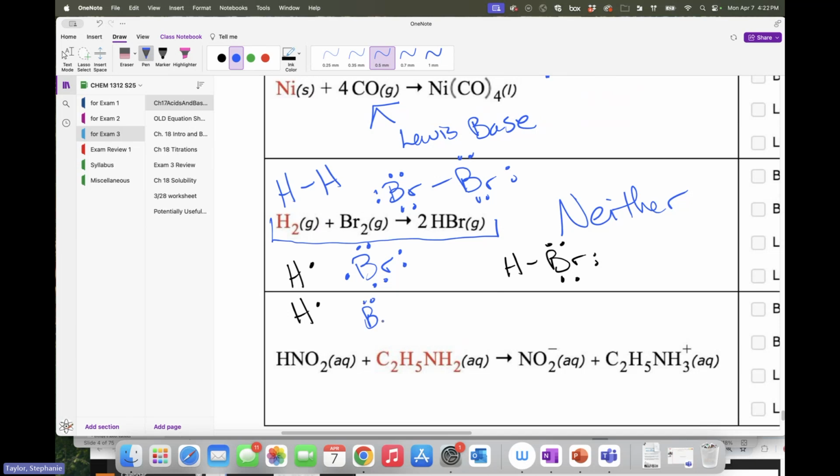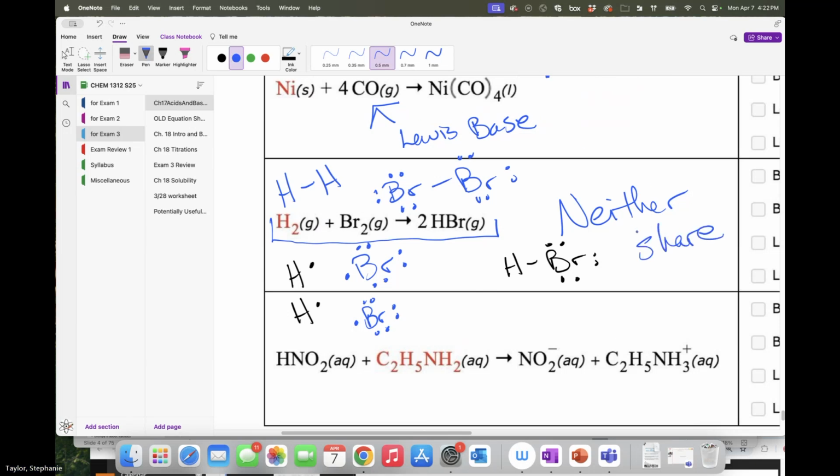And essentially what's happening here is each of my atoms brings 1 electron to the party, and they just share. So my hydrogen brings 1, my bromine brings 1, and they're like, hello, we are going to form a covalent bond. Yay! I bring 1 electron, and you bring 1 electron. And there's no donation going on. They're just sharing. Isn't it pretty?